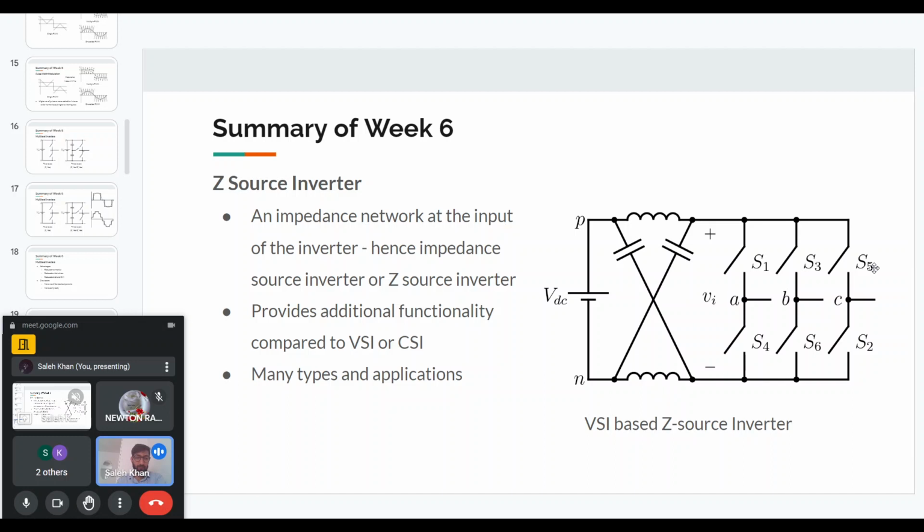So here we have the simple VSI, but between the source and the devices we have an impedance network. And since this impedance network is connected at the input, that is why it is called an impedance source inverter or a Z source inverter, where Z is the impedance. This kind of inverter will provide us with some additional functionality compared to the VSI or CSI. And I will here focus on the VSI based Z source inverter, which I have shown in this figure.